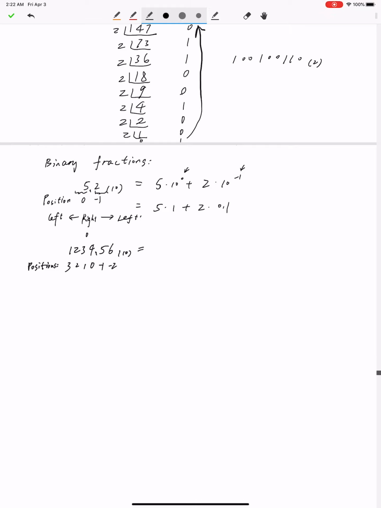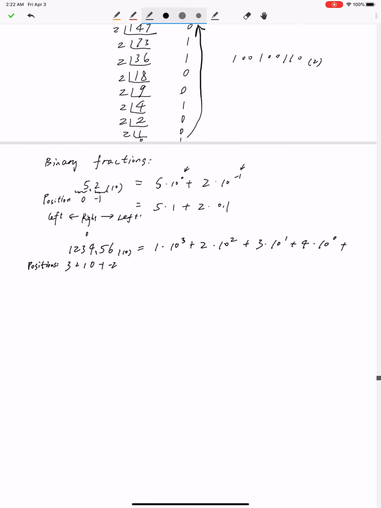Alright, so we can write the decoding formula or the decoding structure of this decimal number. That is 1 times 10 to the power 3 plus 2 times 10 to the power 2 plus 3 times 10 to the power 1 plus 4 times 10 to the power 0 plus. So this is the left side of the decimal point.